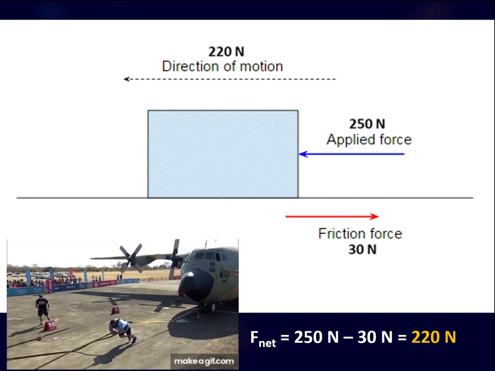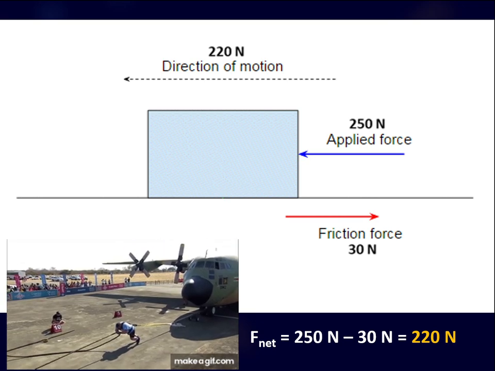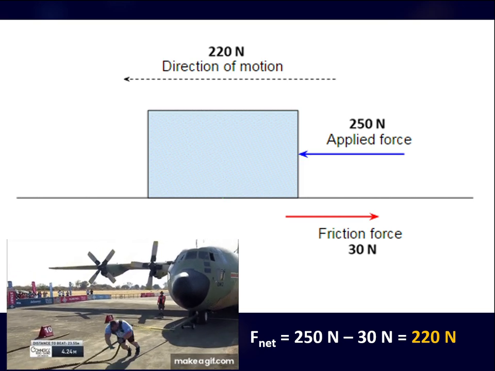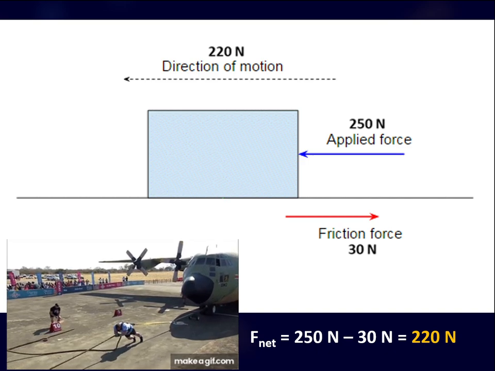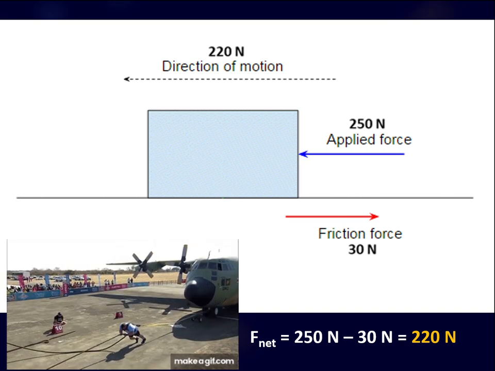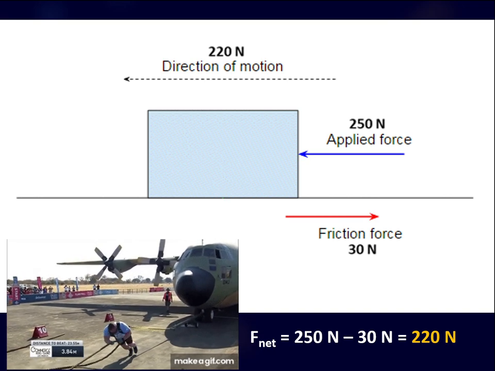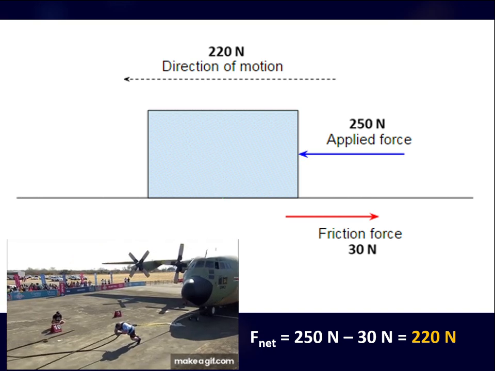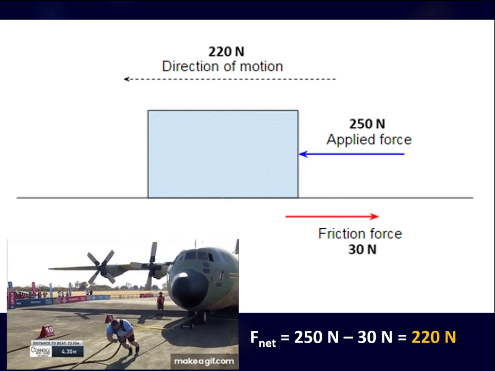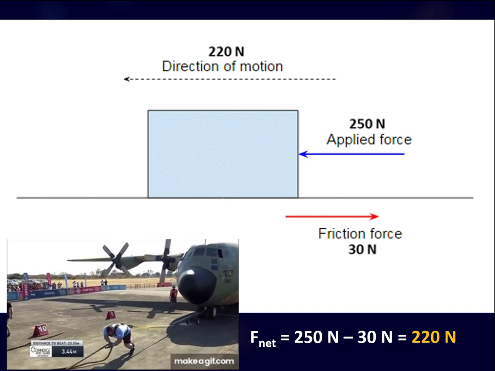Well, because they are moving in opposite directions, the difference between the two forces is the net force. So in this case, net force is equal to 250 newtons minus 30 newtons, which is equal to 220 newtons. This 220 newtons is the actual force that changes the plane's motion. It is what determines the acceleration. So always pay attention to the direction when combining forces.